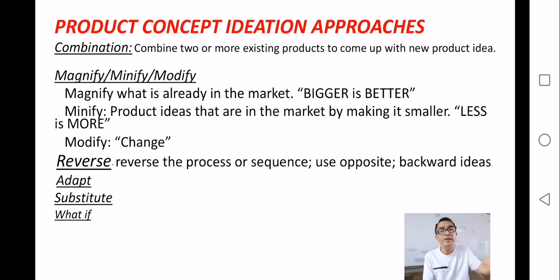And then we can adapt what is already existing in the market, or we can introduce some substitute material that we will be using. For those who are taking up pharmacy, instead of using this component for the medicine, maybe you can introduce a new component in the medicine. For those taking up engineering, for example, civil engineering students, in the future you would want to build a structure introducing concrete.